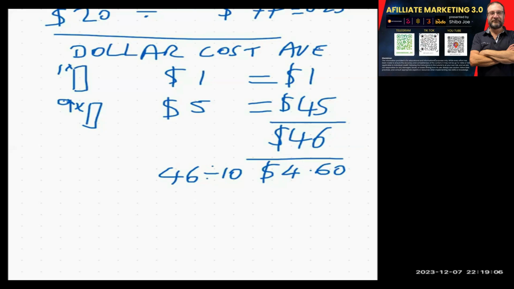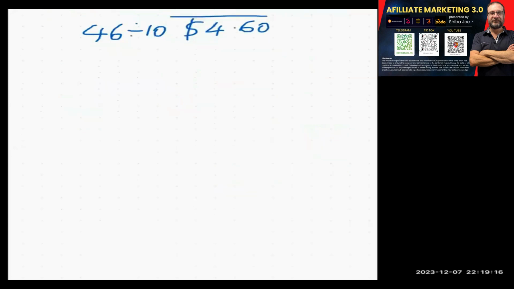Okay, so now we're going to look at the partial harvesting. So with the partial harvesting strategy, you can achieve pretty much the same results as with the multiple account strategy, but there are a few differences. If you're going to use the partial harvesting strategy, this is all the information you need for that.